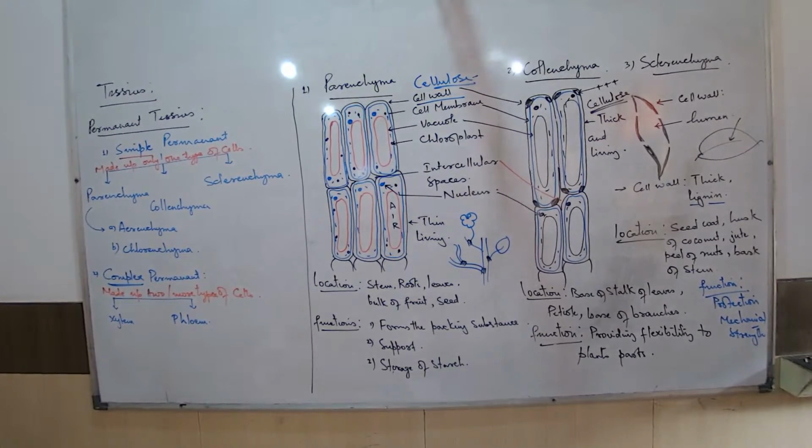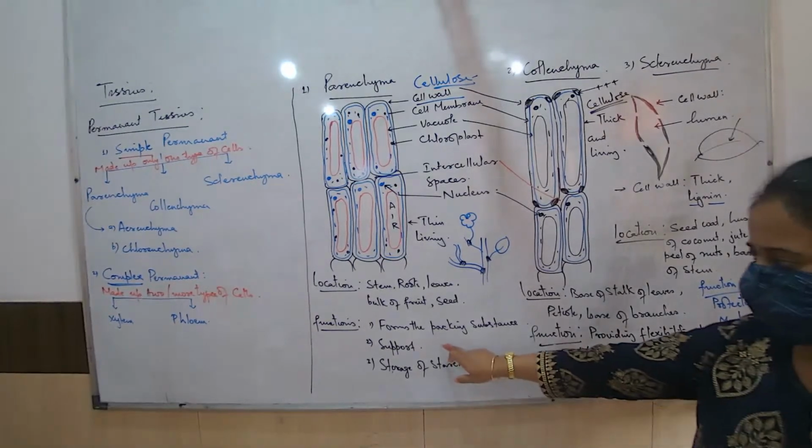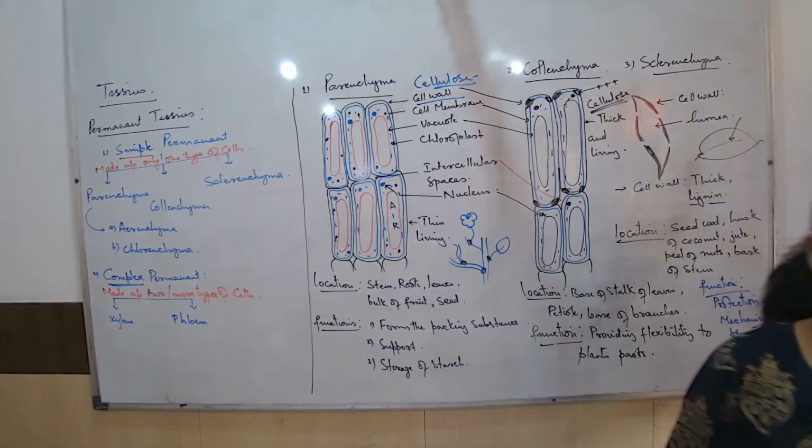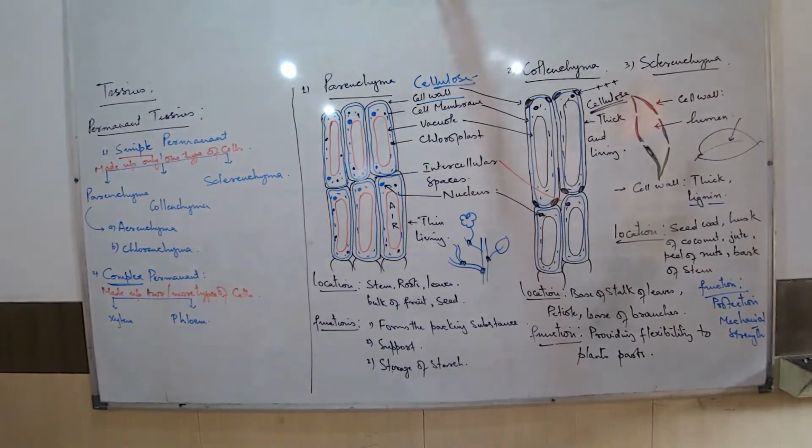You can write location also, but majorly function would be the point to write. Under parenchyma: forms the packing substance in the plant.